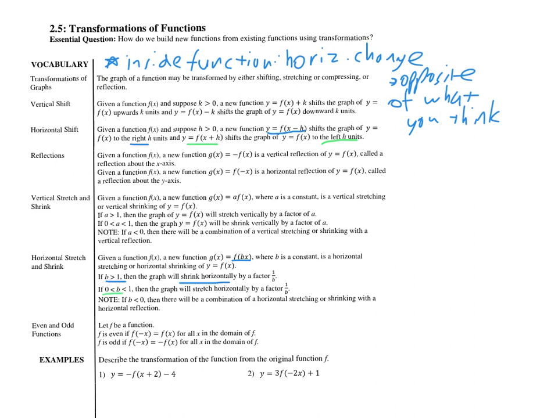Conversely, if the number is between 0 and 1, like 0.5 or 1/2 or 1/3, you would think multiplying by a fraction would shrink it, but it actually stretches it. So keep in mind that inside the function is opposite land, if you will, and everything is not what it seems.